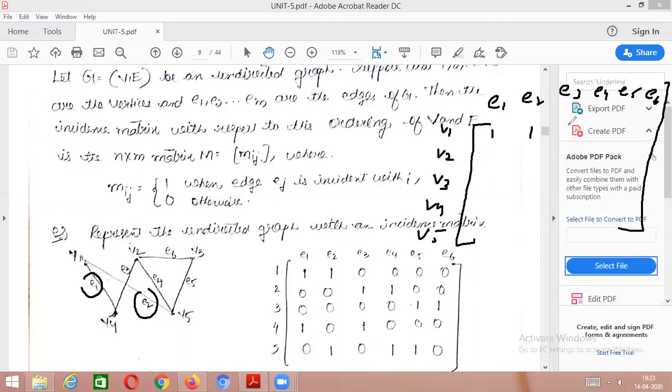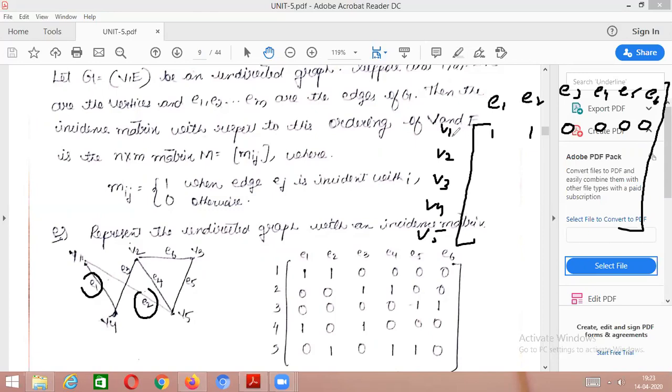No, so you write 0. E4 added? No, 0. E5 added? No, 0. E6 added? No, 0. That means for the V1 vertex, if the edge is added, you have to write 1. If the edge is not added, you have to write 0.